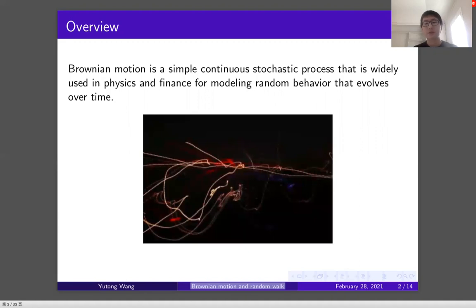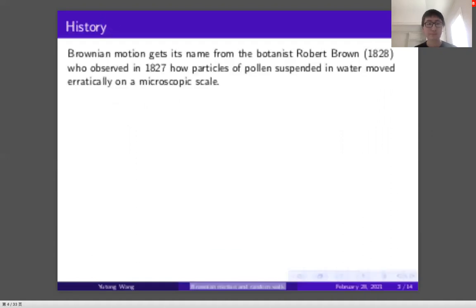This picture just describes the physical behavior of maybe a small particle doing Brownian motion. So, the history of Brownian motion. Brownian motion gets its name from the botanist Robert Brown, who observed this phenomenon during his experiment.